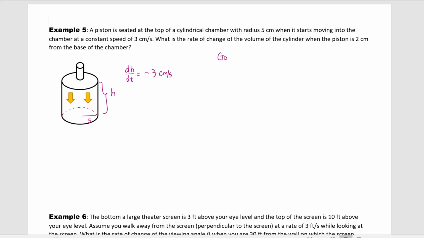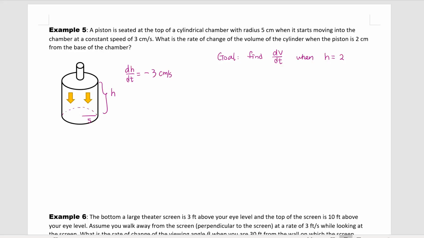Our goal is to find the rate of change of the volume when the piston is 2 centimeters from the base of the chamber. That is when the height is 2 centimeters.